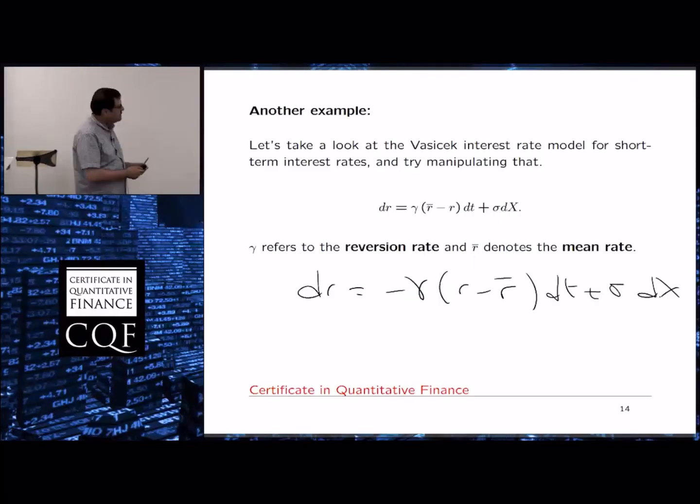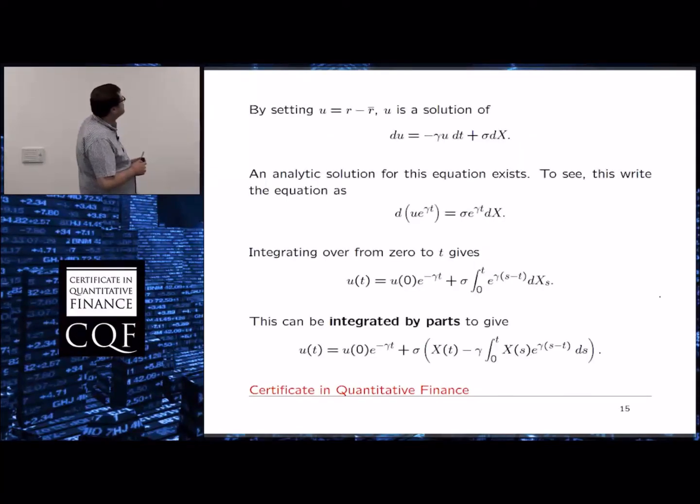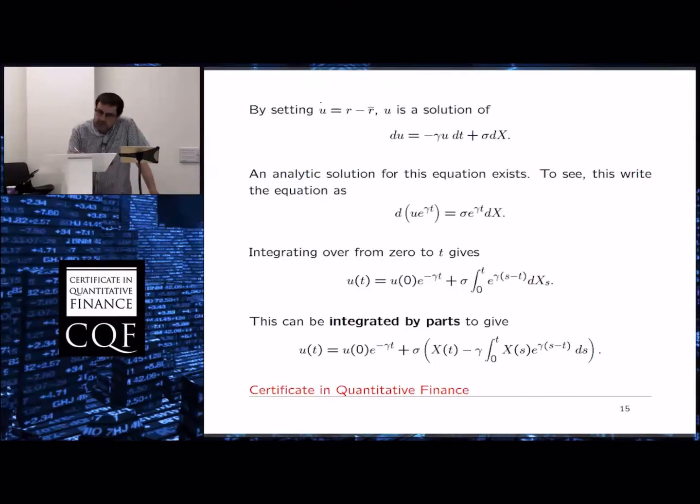Let's have a quick look at what's on the next slide. Let's do a transformation or a substitution. So let's write down that U is equal to R minus R bar.